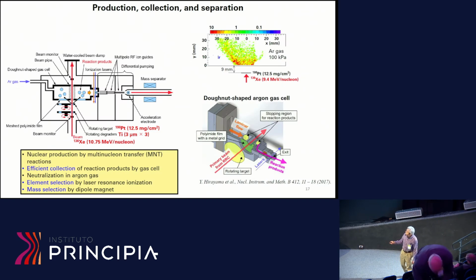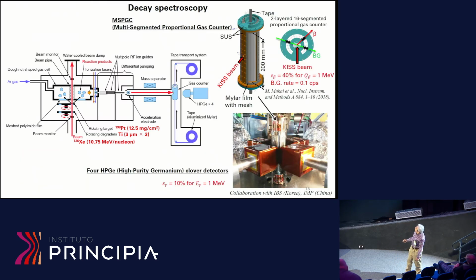So we can choose one species of the nuclei from the various reaction products, removing the background for the spectroscopy. Such ions are transported to the decay spectrometer.